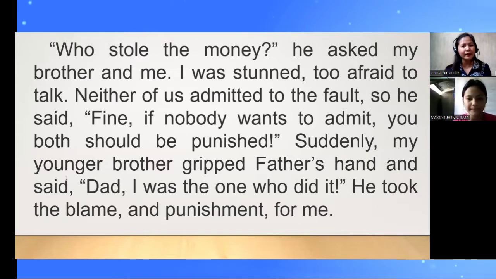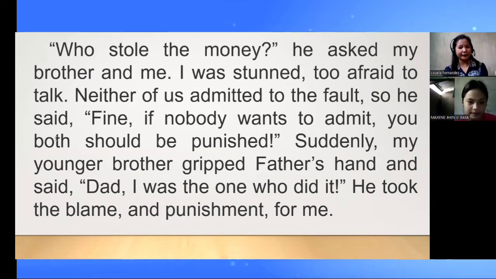Alright, so here, when the father asked who stole the money, did anyone admit the crime or the fault? No one, right? Isn't it, Maxine? Yes, no one. So the father decided he is going to punish both of them because no one wants to admit their fault, right?